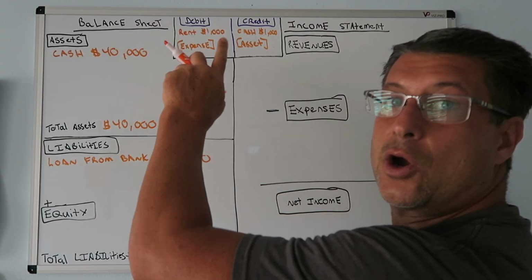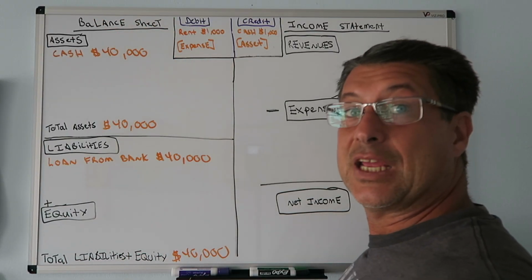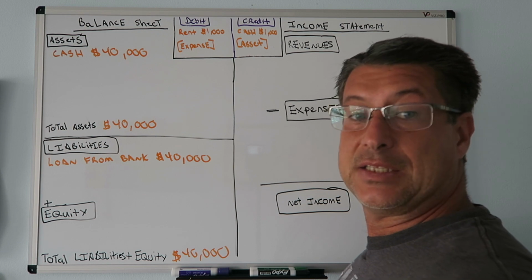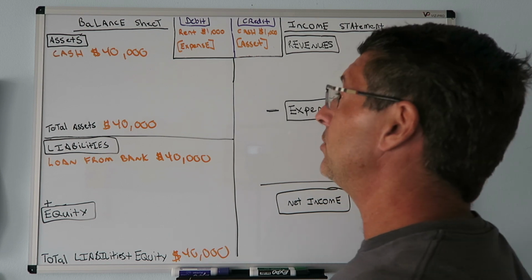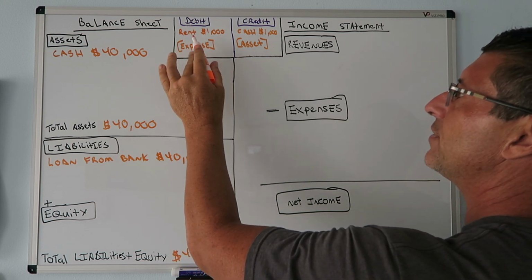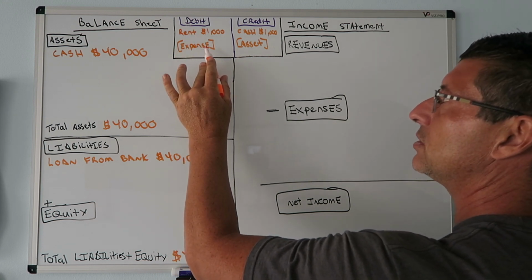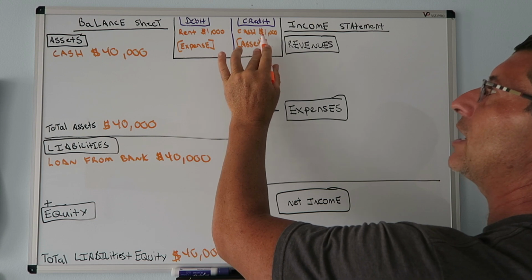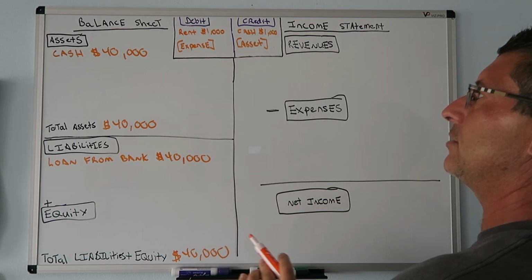All right, now we're going to go for our second journal entry and how that affected the balance sheet and/or income statement. Our second journal entry was debit rent of $1,000, which was an expense, and we credited our cash of $1,000, which is an asset.